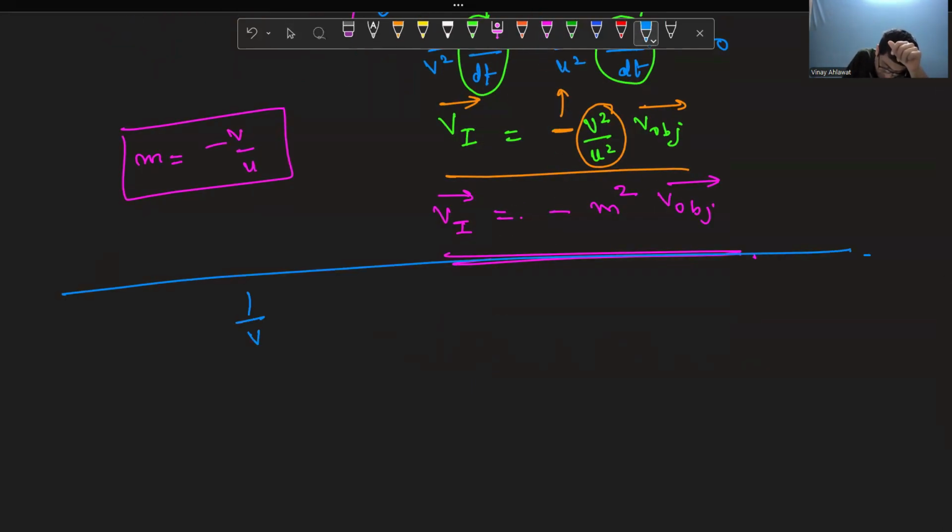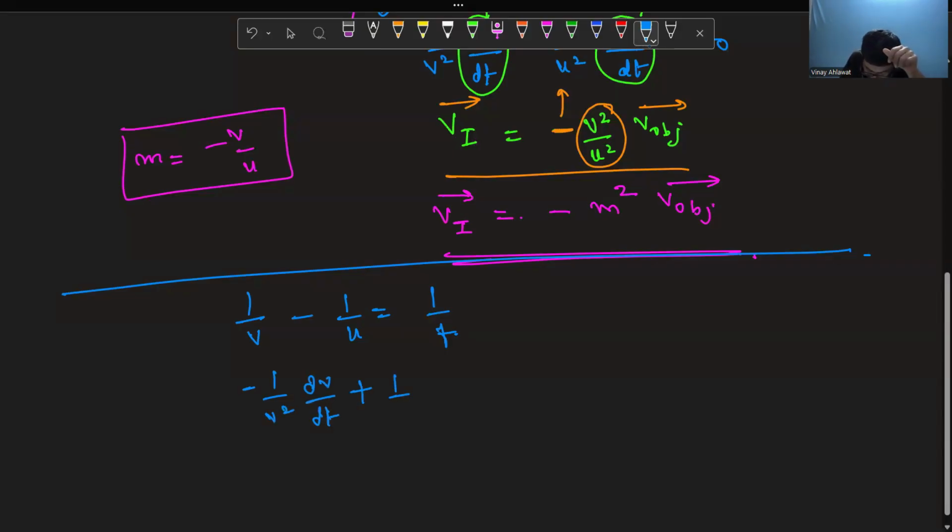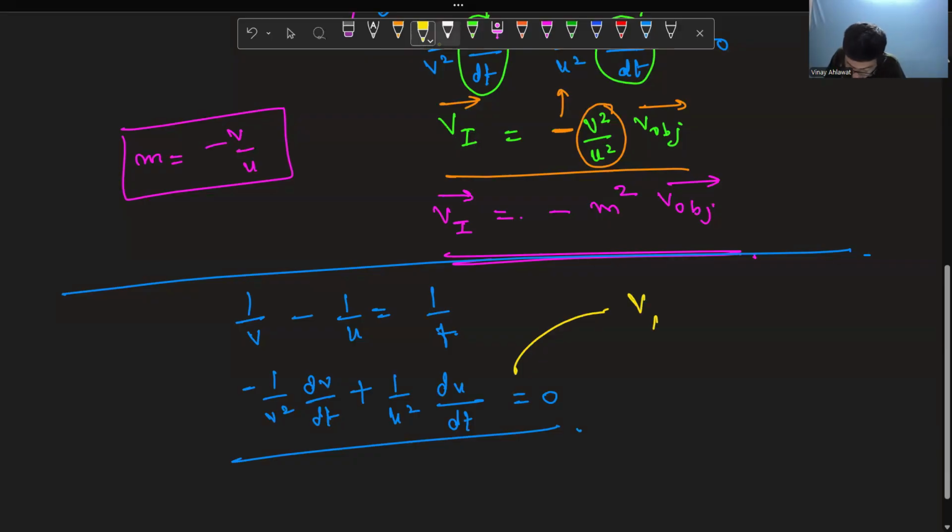1 by v minus 1 by u is 1 by f. Differentiating: minus of 1 by v square into dv by dt plus 1 by u square into du by dt is 0. This gives us velocity of image is positive of m square into velocity of object.